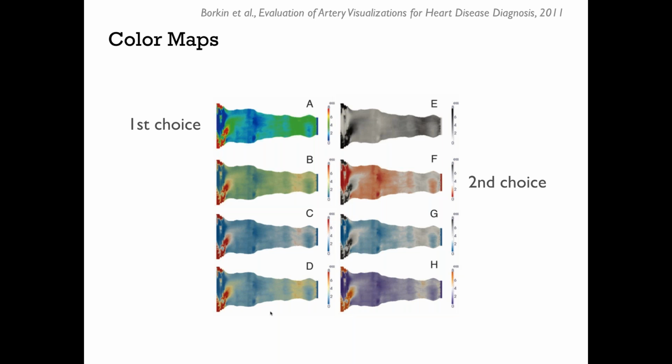The reason why they picked the rainbow color map is that that's what we see all the time. We know what that means. Okay, fair enough. So let's go with this. They also explored the second choice, which was this color map, which had, for low values, bright red, and then going to black via white for high shear stress regions. So that was the first thing that they did.